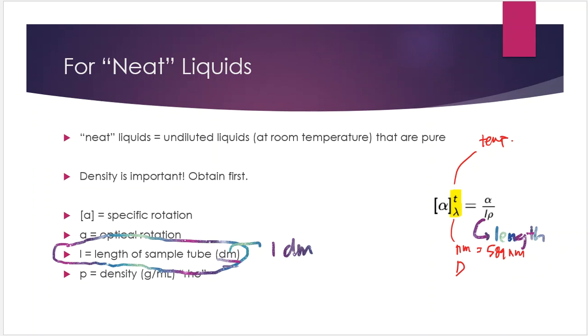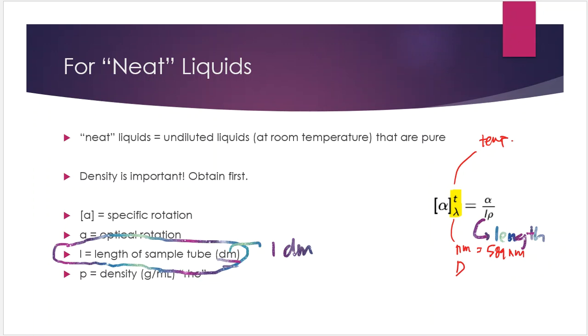There are times that it will tell you to use something else, and that really depends on the sample. How concentrated is the sample? How weak is the sample? How does it respond to turning of the light? All of these play a factor in the size of decimeter tube that the USP-NF wants you to use. By default, though, if I had to have a go-to, the default is 1 decimeter for the tube.